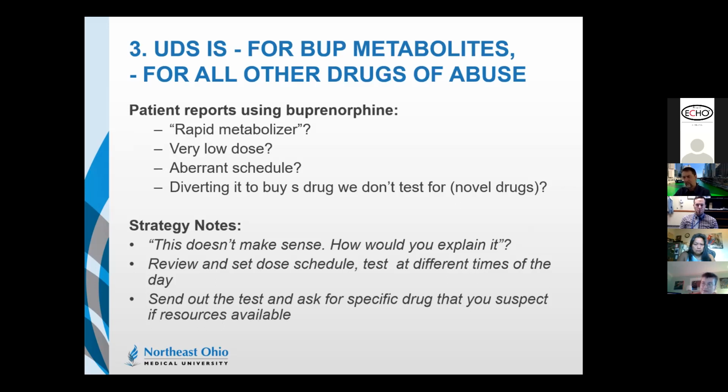So some strategy notes: discussion and partnering with the lab to possibly look at setting a lower threshold for detecting those metabolites of buprenorphine. Some labs can do that, and some can't, but something to think about. If you're in a big system, you often will be able to detect buprenorphine at a positive place.